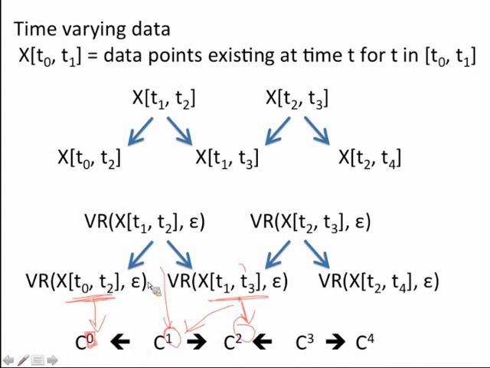Time 1 corresponds to the interval from t1 to t2. Time 3 corresponds to the interval from t2 to t3. And time 4, the superscript 4, maybe I shouldn't use the word time, corresponds to the interval from time 2 to time 4.